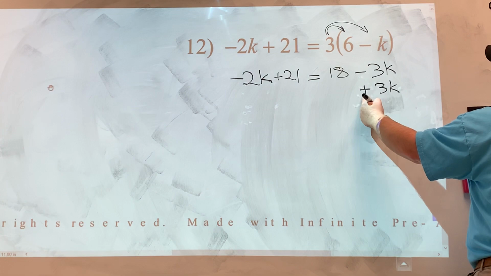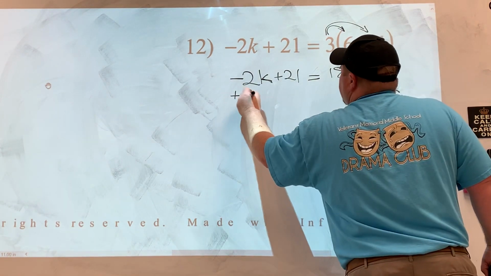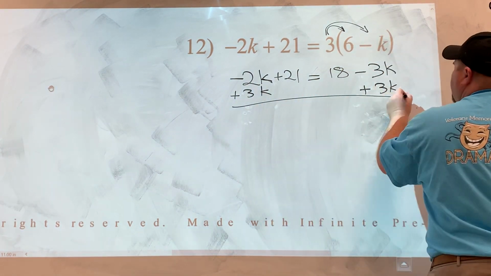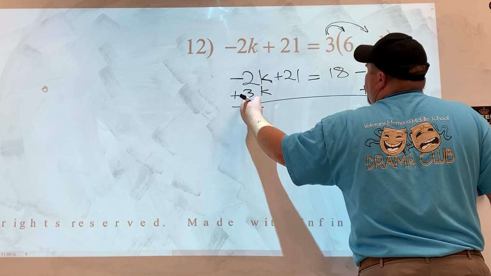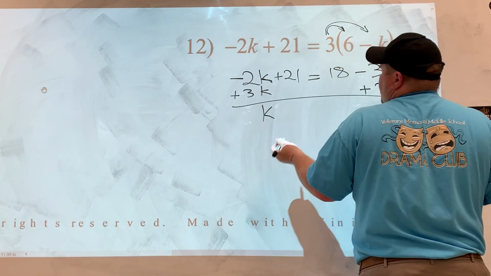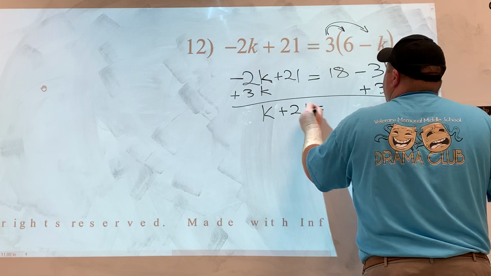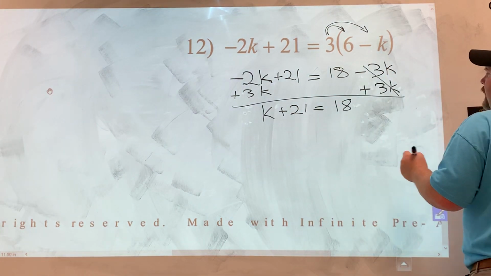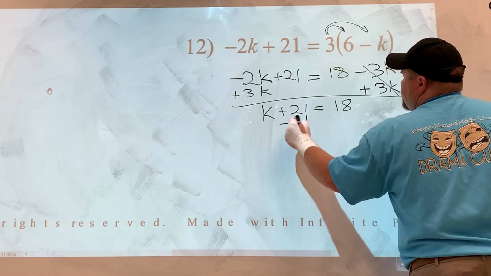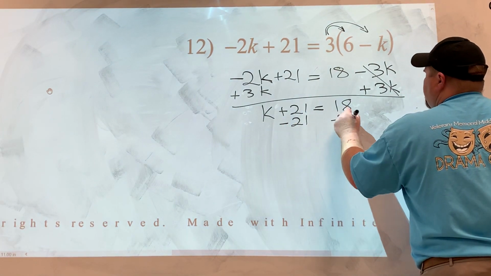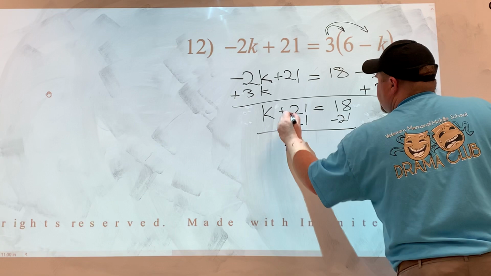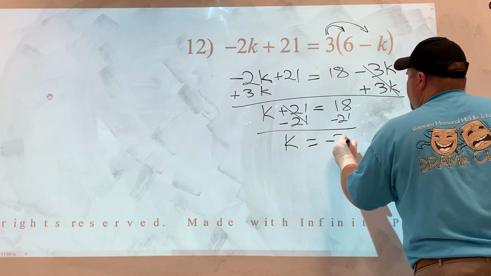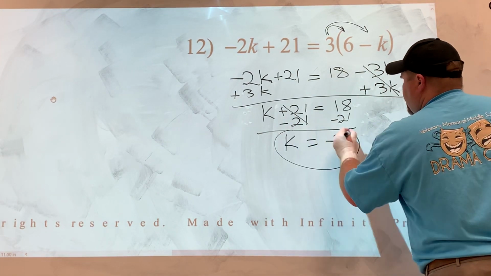You do the opposite, which is to add. Negative 2 plus a positive 3 is just a 1k or k. These are eliminated, we're left with 18. At this point, we need to subtract 21 to get k by itself. We find that k equals negative 3.